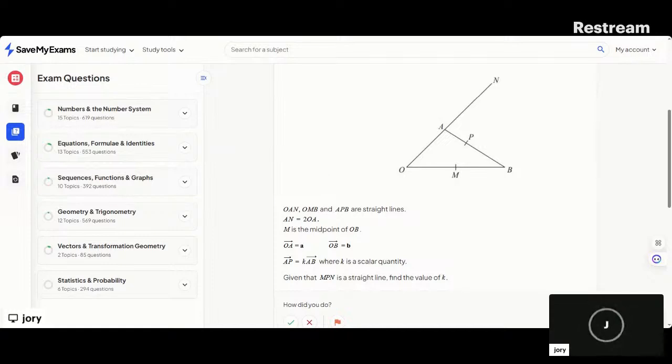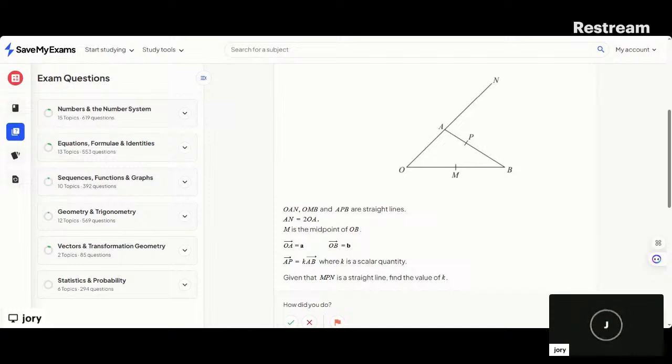AB equals AO plus OB equals negative A plus B, equals B minus A. And then let's find MN.